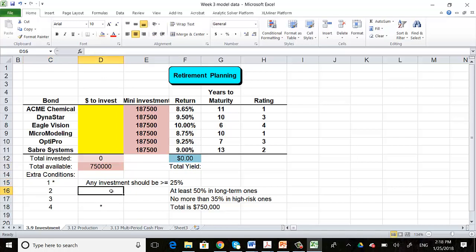The second one. At least 50% in long-term ones. Okay, so I'll do the same thing again. I want to put this 50% in a single cell. So long-term ones should be greater than or equal to 50%.